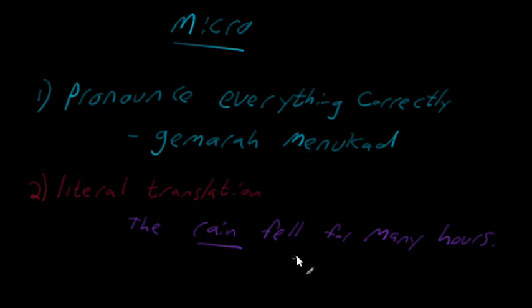We know what fell or fall means, right? Something going down, and rain is water that comes down. Okay, many means a lot, and hours, we know what hours means. So we know what all the pieces of these sentences mean. You don't have to necessarily know that we're talking about the rain that fell for many hours, and the predicate and the pronoun and the blah blah blah. You don't have to know all of that. Just know the literal translation of every word.